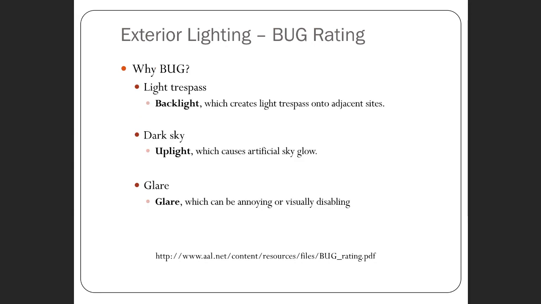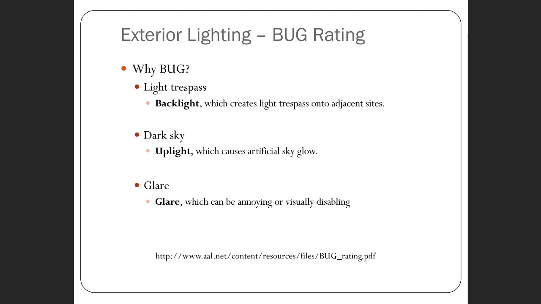What are we trying to eliminate? We're trying to eliminate light trespass. We don't want the light from our property or our light fixture to be lighting up adjacent properties or adjacent sites. If you have your house next to a Taco Bell or a McDonald's or something, you don't want all the light from the drive-in at the Taco Bell lighting up your backyard.